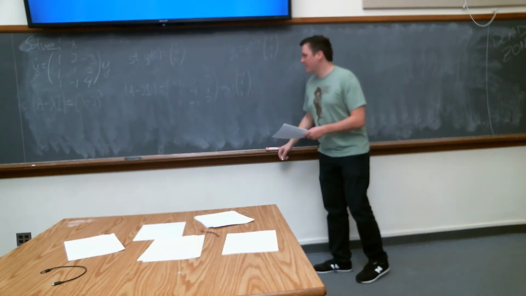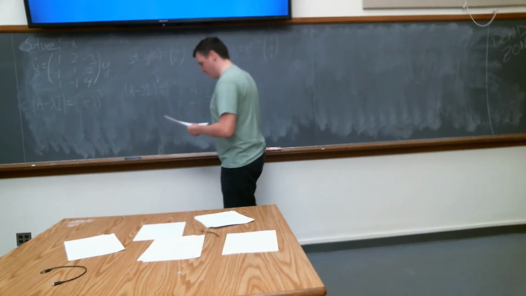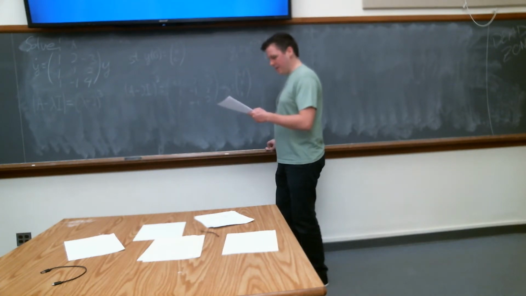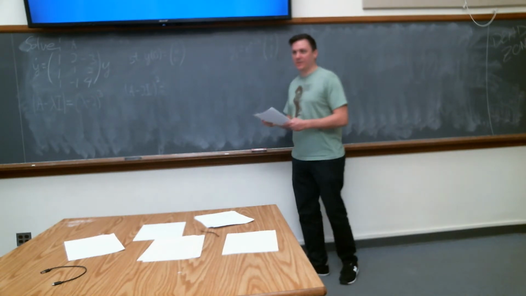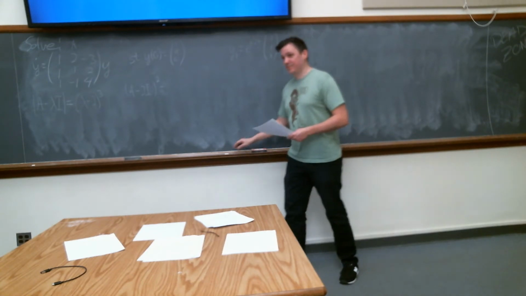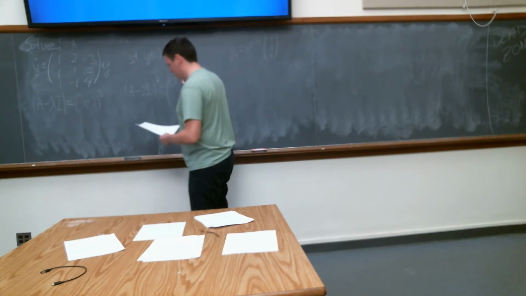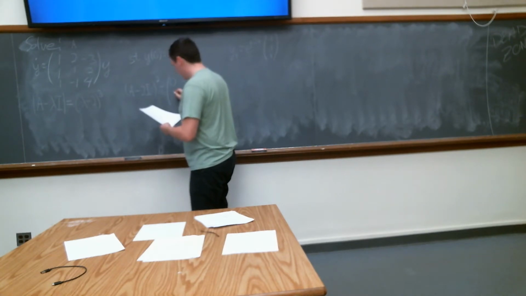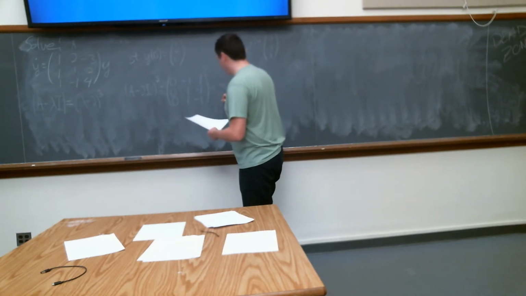So now another way of doing this is we can look at (A minus 2I) squared and use this multiplicity to find another eigenvector. And actually, calculating this is pretty easy. We'll call it u.